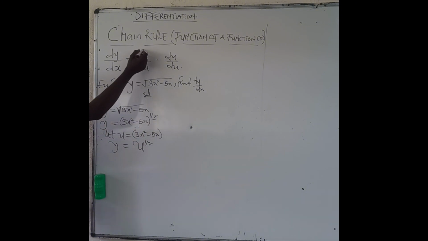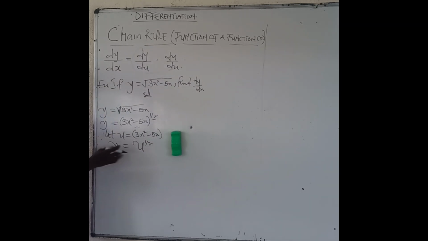Differentiating u with respect to s, du over ds is going to be the power multiplied by the coefficient, then subtract the power, so 6s minus 5. So this is du over ds.